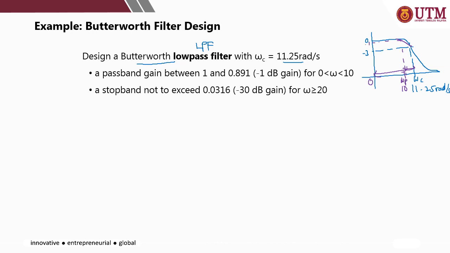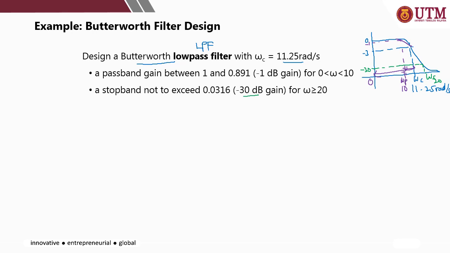It starts to drop down something like this. And then a stop band not to exceed minus 30 dB. Minus 30. And here is your omega s equal to 20 radian per second, and the attenuation is minus 30.